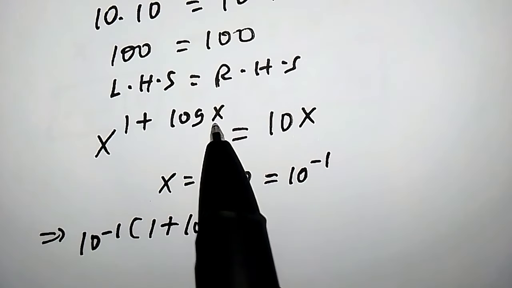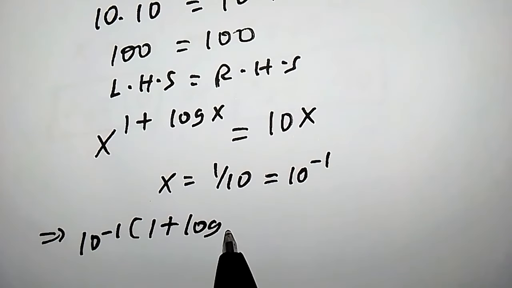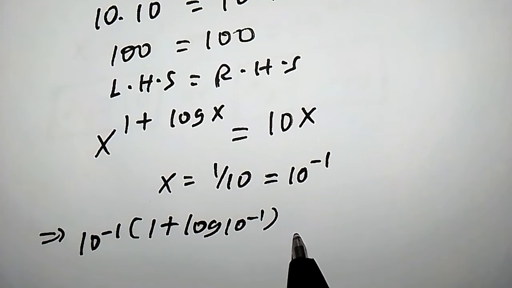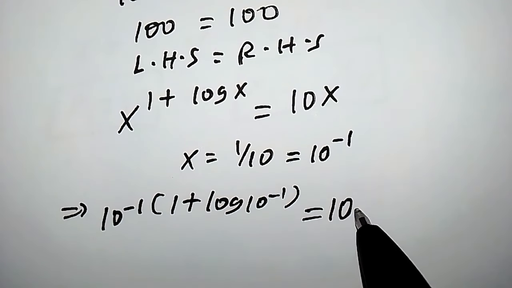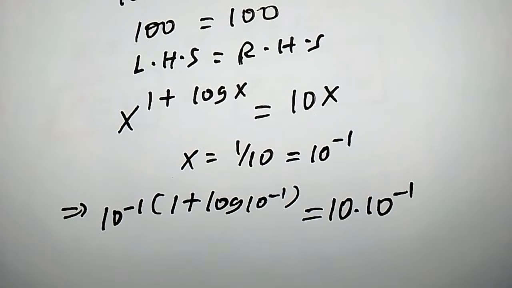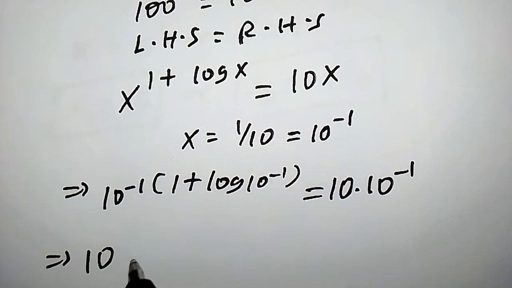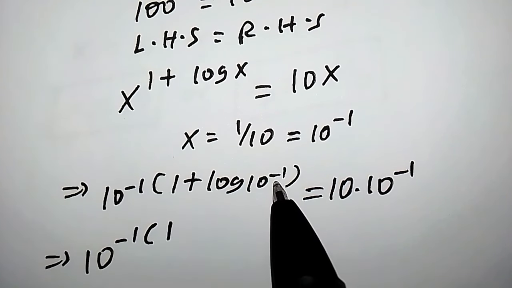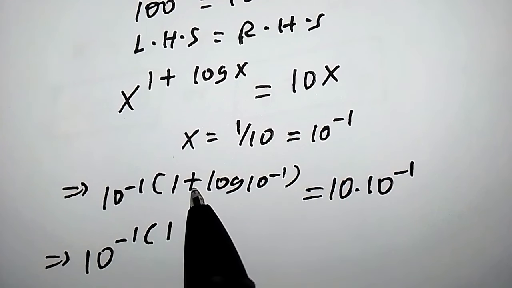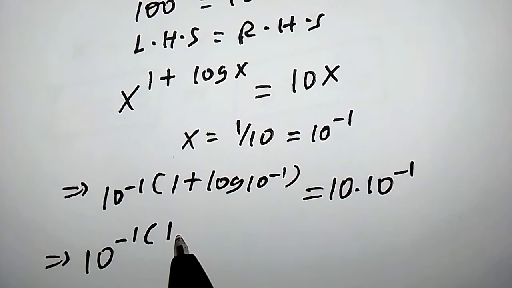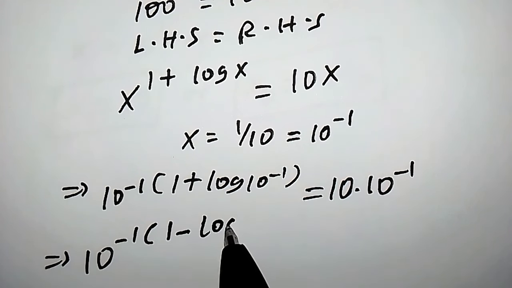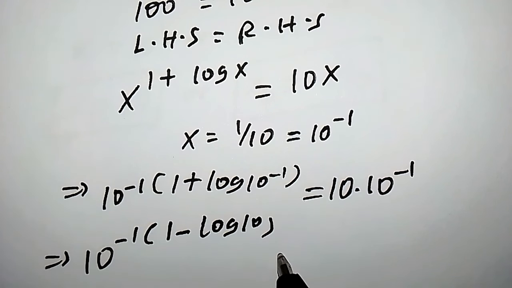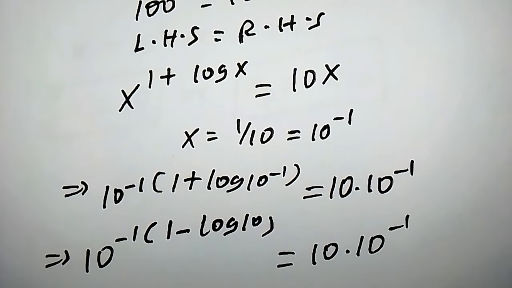Instead of writing x, we write 10 raised to negative 1, equal to 10 times 10 raised to negative 1. This means that negative 1 times 1, and when this minus 1 comes here, the sign changes, so we have minus log 10. This equals 10 times 10 raised to negative 1.